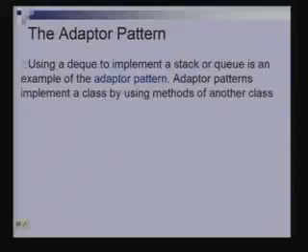Right? So this is the notion of an adapter. What we have done is use a double-ended queue to implement a stack or a queue, and this is an example of an adapter pattern. So adapter patterns implement a class using methods of another class.